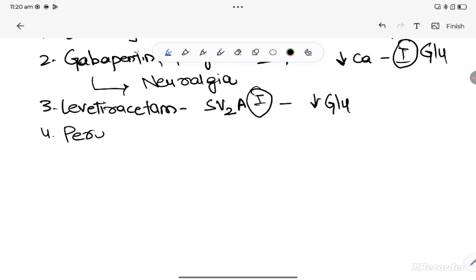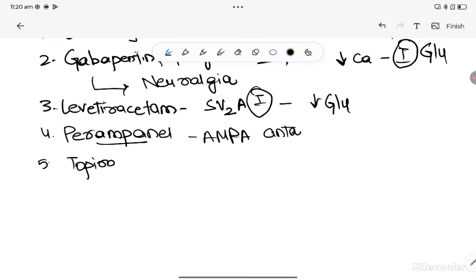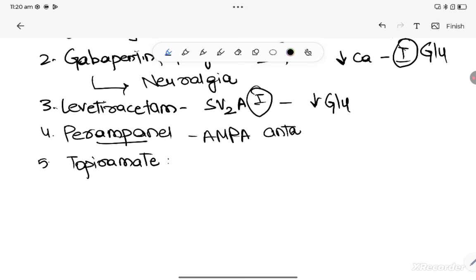Then comes our perampanel. The name itself has the clue: it is basically an AMPA antagonist. AMPA is a receptor for glutamate. Then comes our topiramate. Topiramate has found a lot of importance these days, mainly because it acts through many actions: it prolongs the inactivation phase of sodium channels, increases GABA, as well as reduces glutamate by blocking AMPA.